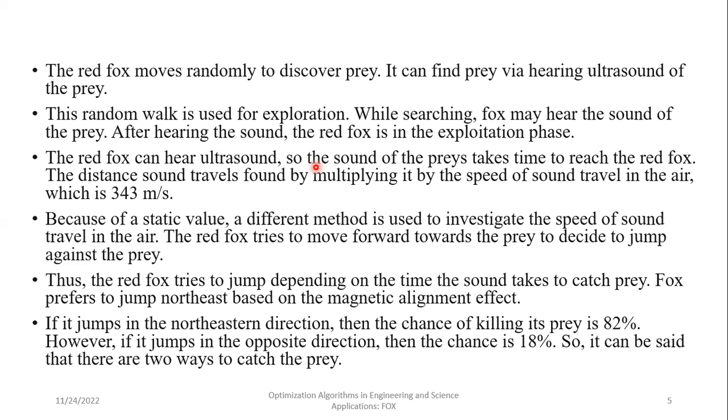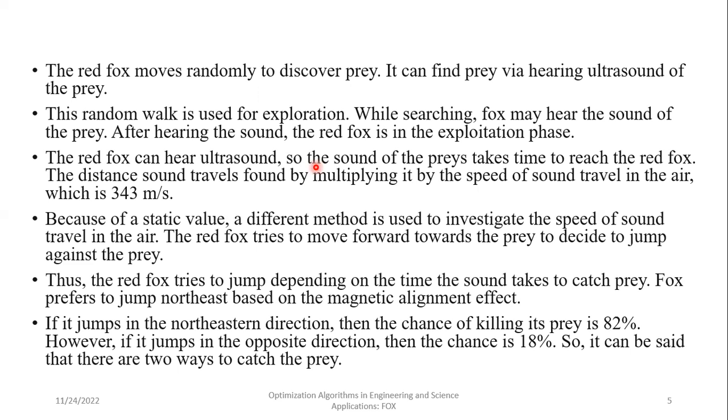The red fox usually tries to move forward towards the prey to decide about its jump so that it can catch the prey. The jump depends on the time the sound takes. Usually, foxes prefer a northeast jump, and this depends on the magnetic alignment effect.